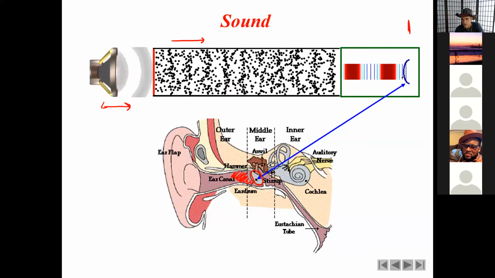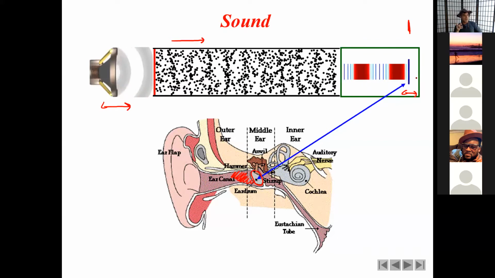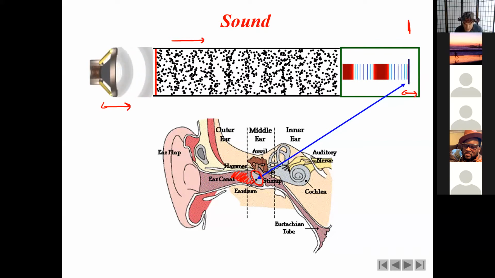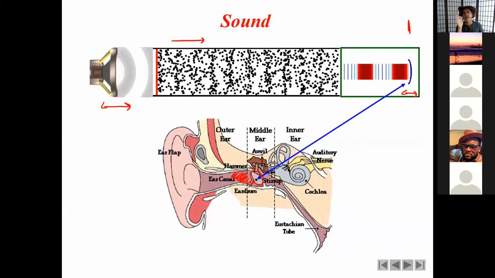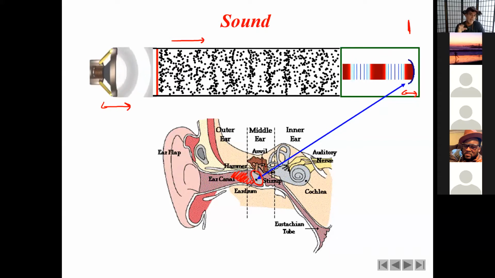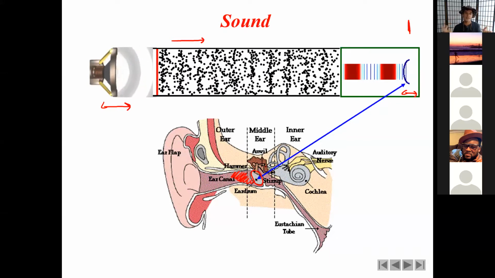So your eardrum is going to oscillate back and forth at whatever frequency the sound wave in the air is. Then there are little hairs inside your ear that start to move back and forth at whatever frequency your eardrum is. Those vibrating hairs then send a signal to your brain that it then interprets as sound.